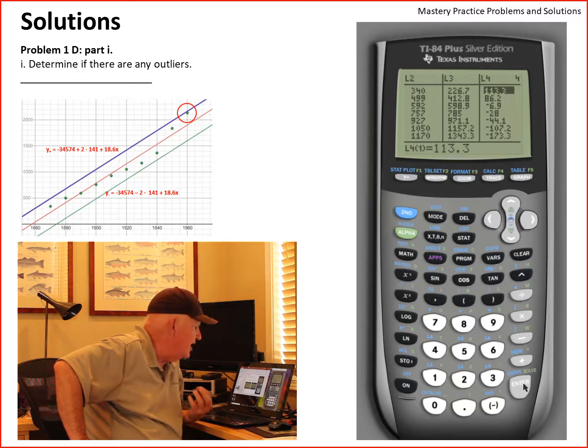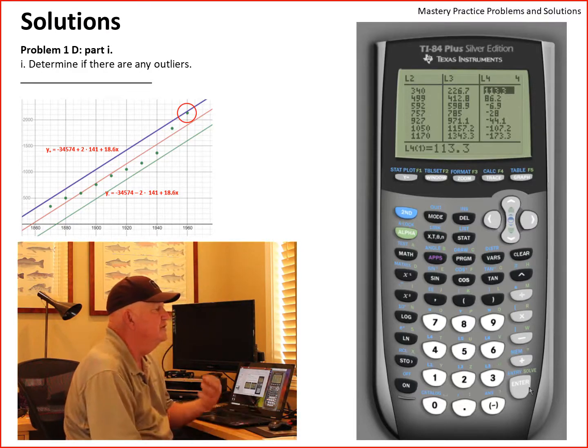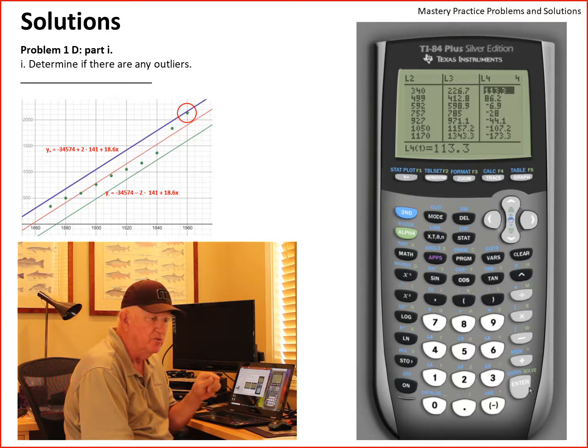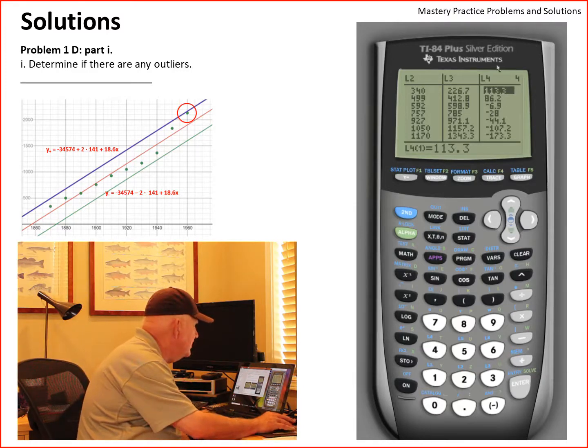Now we can just examine it, because what we're looking for is any deviation which is greater than 2 times s. s was 141. Any deviation greater than plus or minus 282. So we just have to look down the list of deviations. The biggest number I see is 125.